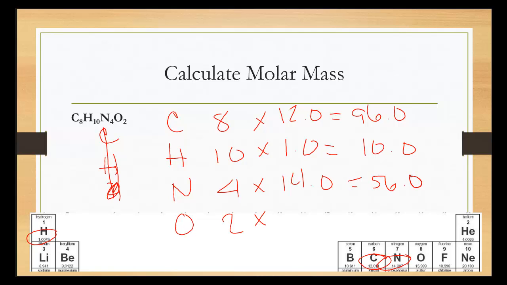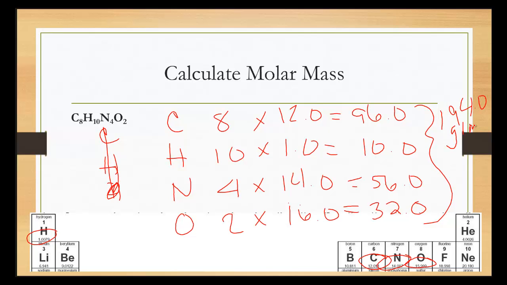And oxygen is 16.0. 2 times 16 comes out to be 32. Add those together, and it comes out to be 194.0 grams per mole. And that's how you calculate molar mass.